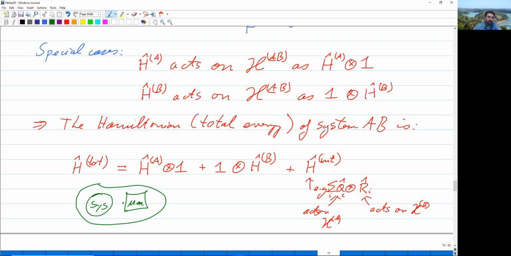The only thing that's happening is that our measurement apparatus is interacting with the system. It is, as far as the physics is concerned, just the interaction of one system with another system. And that means that this interaction, whatever it might be, will show up over here. It will show up in this interaction Hamiltonian.